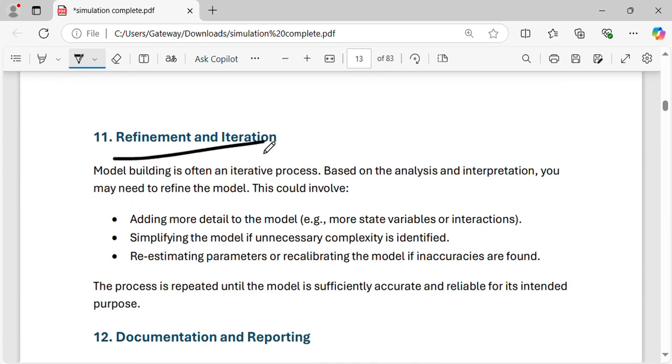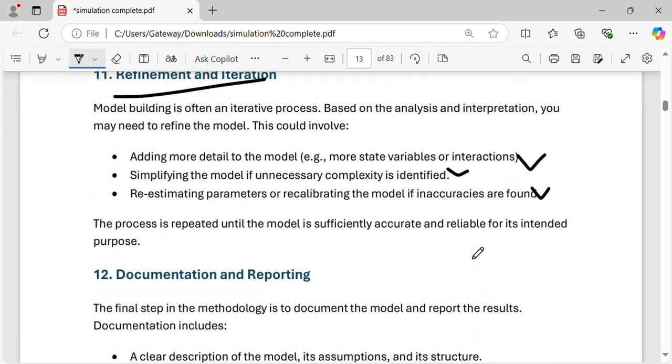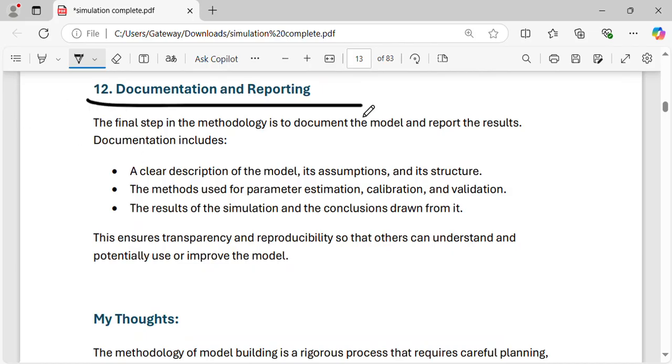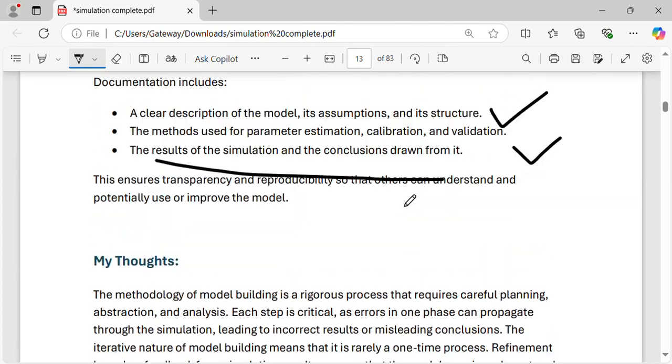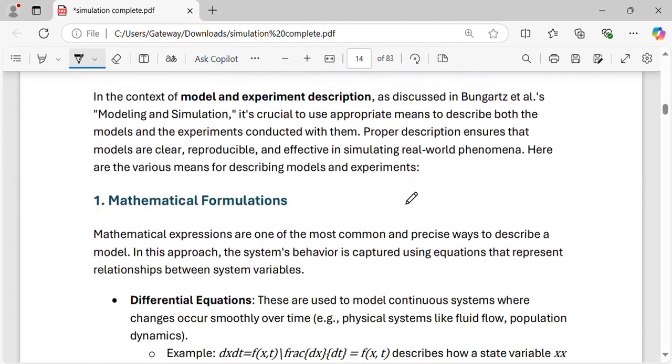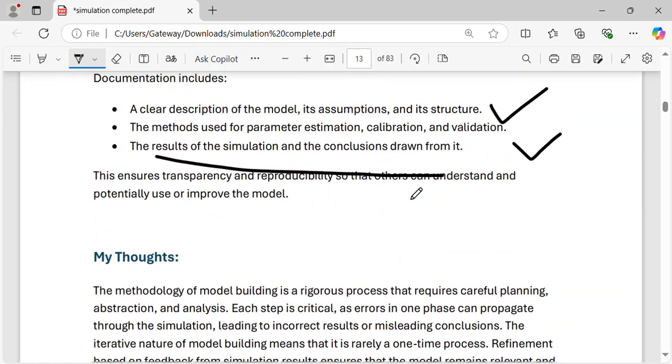And then refinement: adding more details or simplifying the model, re-estimating parameters, or recalibrating the model, right? And we haven't talked about this one where we document the model and report the results, where we write the documentation, the results of the estimation, and the conclusions drawn from it. Everything is documented. So these were all the methods with some little additions to it.